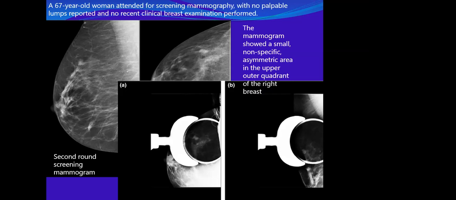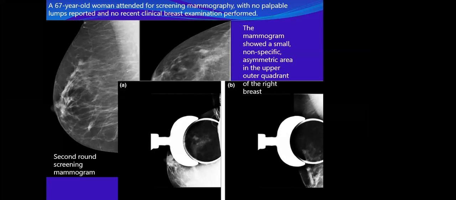So you are dealing with a suspicious finding. This confirms for you that this is a focal asymmetry because it is seen on both spot magnification views, lateral as well as CC. So you have seen it in two views, two projections. It is a real finding.